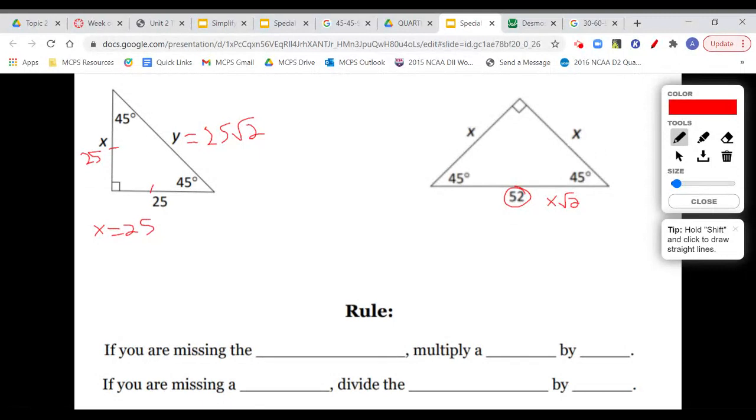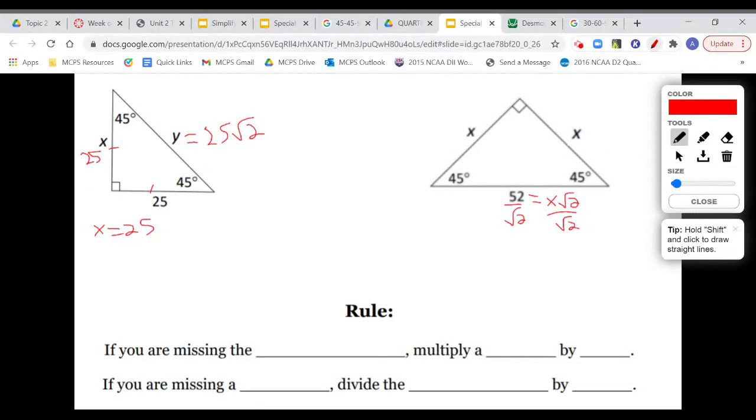So if I need to solve for x, I could say that 52 is equal to this x times the square root of 2, and then I could just solve for x. Right? If I know the hypotenuse is x root 2, I'm just going to set that equal to the value of the hypotenuse. Since on the side with x, it's multiplied by the square root of 2, I'm going to go ahead and divide both sides by the square root of 2.